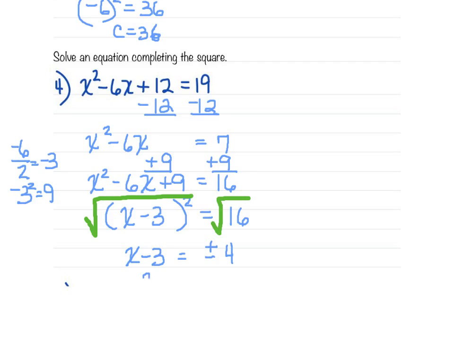So x equals, add 3. x equals positive or negative 4 plus 3. So x can be 4 plus 3, or x can be negative 4 plus 3. Therefore, my solutions are 7 and negative 1.